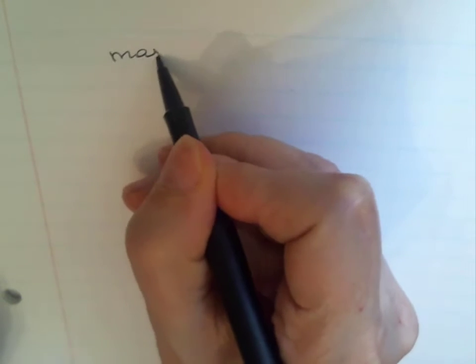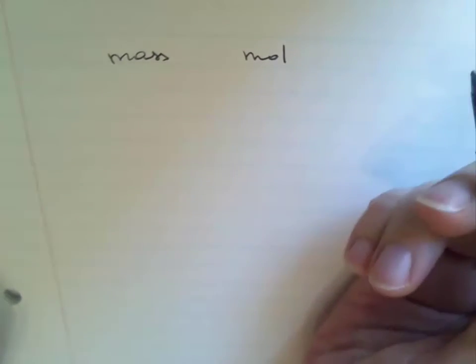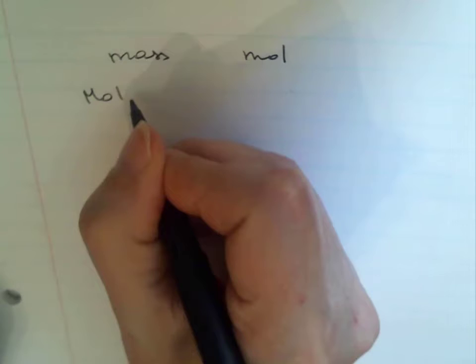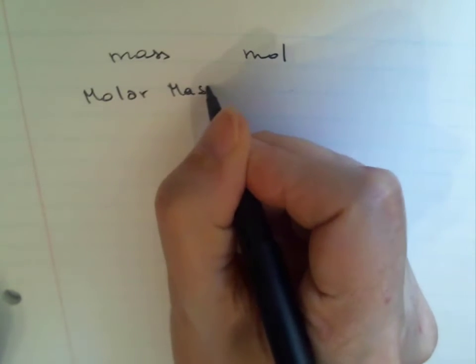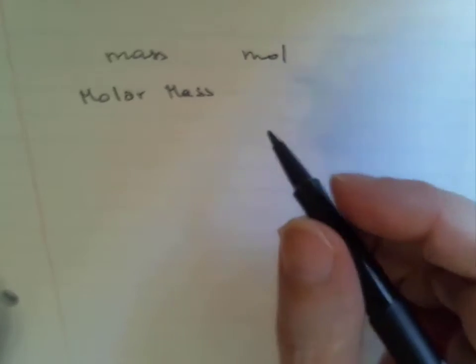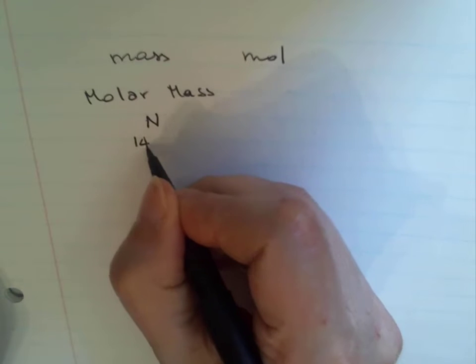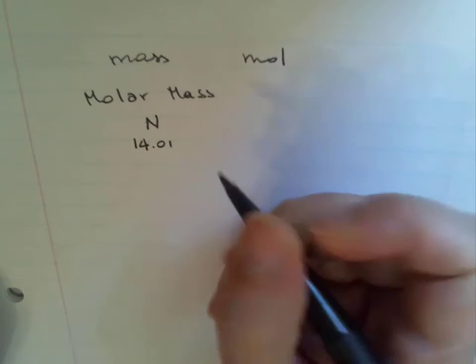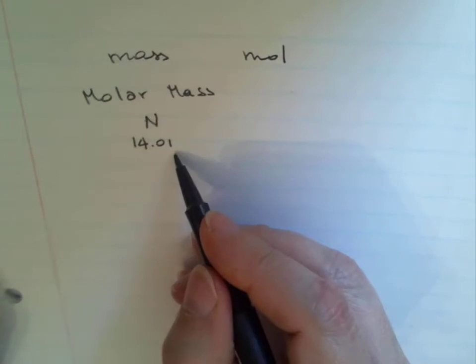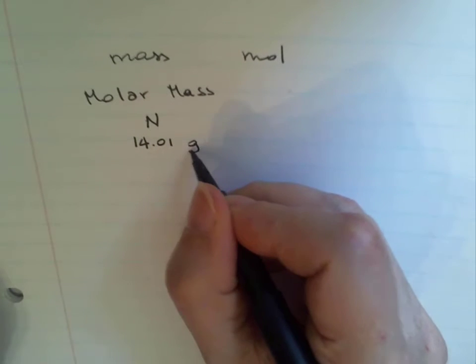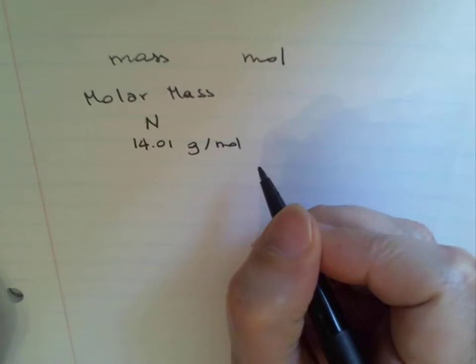Moles can be calculated also from the masses. In order to convert a mass into moles, we need a new quantity called molar mass. The molar mass of atoms can be found in the periodic table underneath their symbol. For example, for nitrogen, we will see that underneath we have 14.01. That number is the molar mass of nitrogen and is expressed in grams per mole as units.